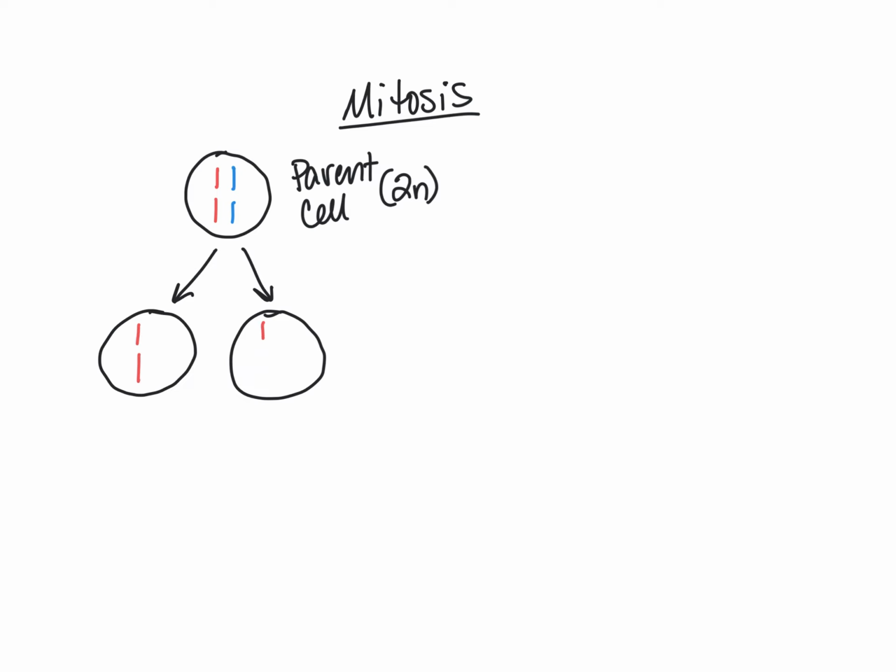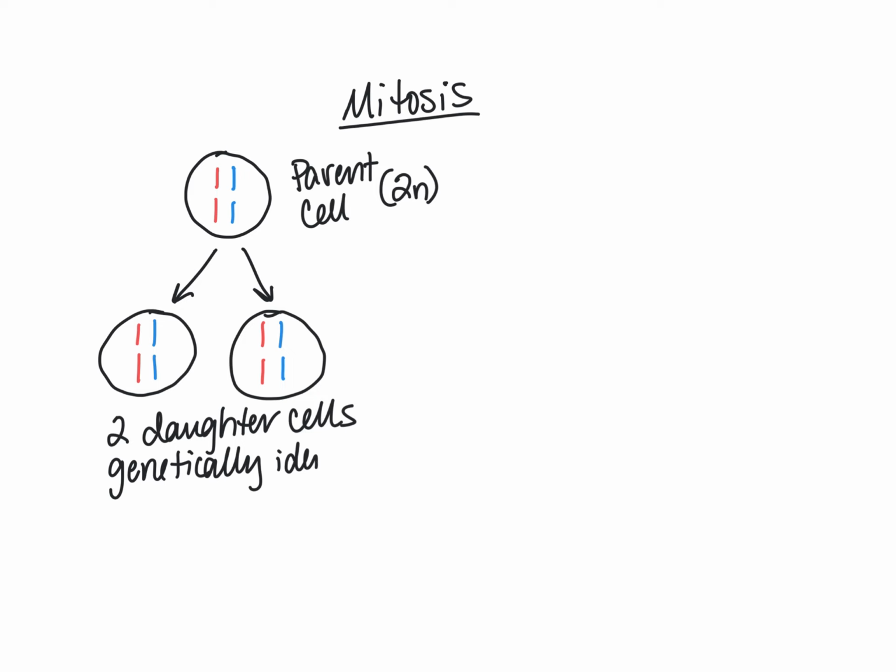that are genetically identical to each other and genetically identical to the parent cell. So if the parent cell starts out diploid or 2N, the daughter cells are also going to be diploid or 2N.